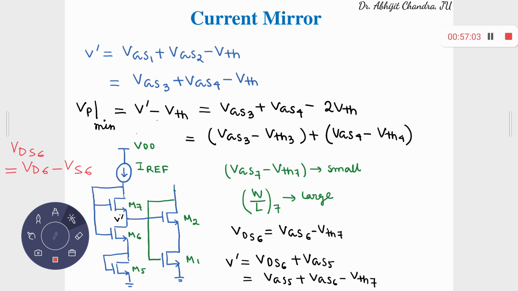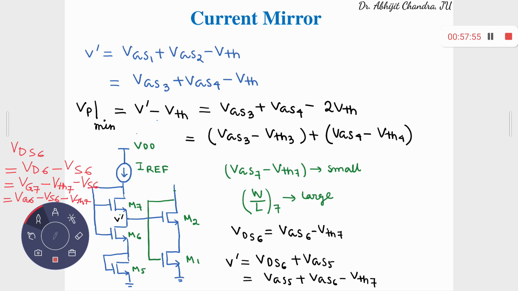This voltage is G7, so it is VG7 minus VTH7 minus VS6, and since the gates of 6 and 7 are connected, I can write it as VG6 minus VS6 minus VTH7.